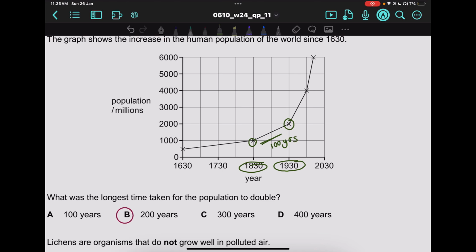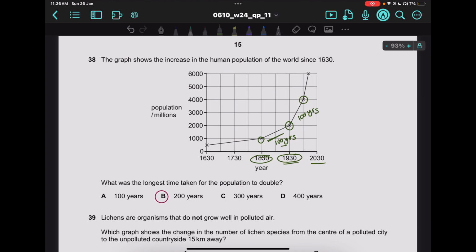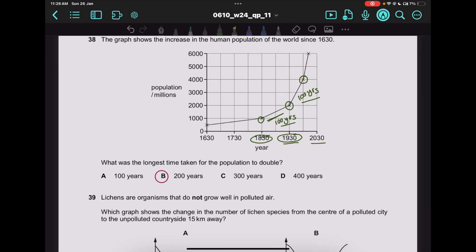Now over here it went up from 2000 to 4000, from 1930 to 2030. So this is again 100 years. And so it took 100 years and another 100 years to double. So the answer is going to be 200 years, both of them. So the population doubled over a course of 200 years.